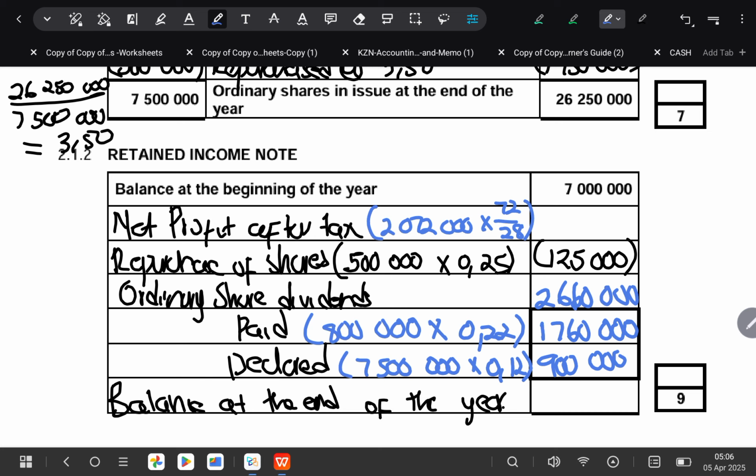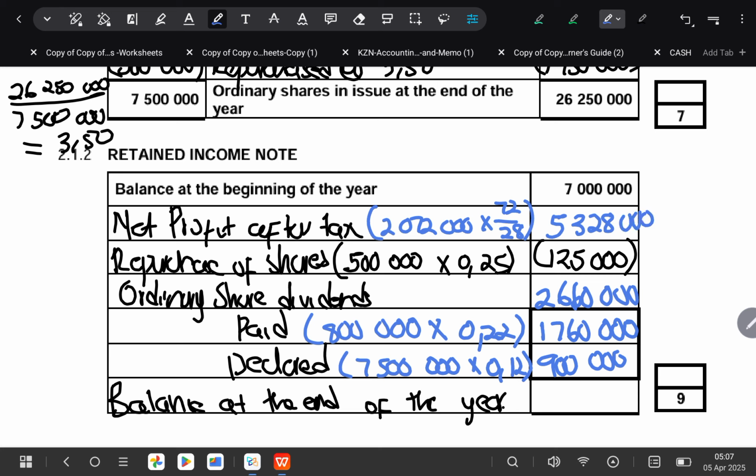2,072,000 multiplied by 72 divided by 28. Let me see. I'm getting 5,328,000.